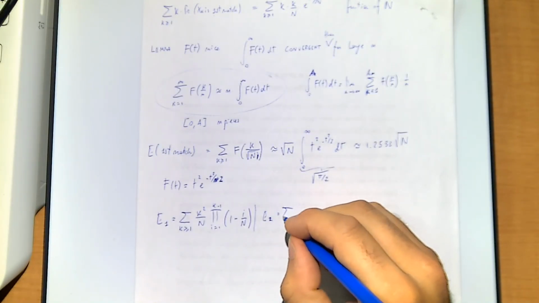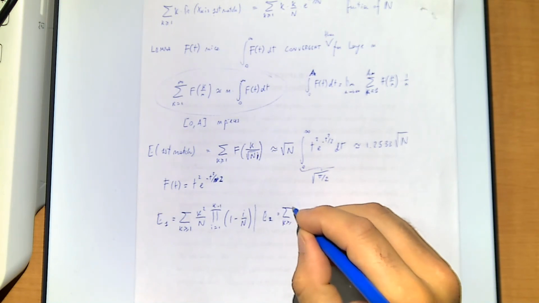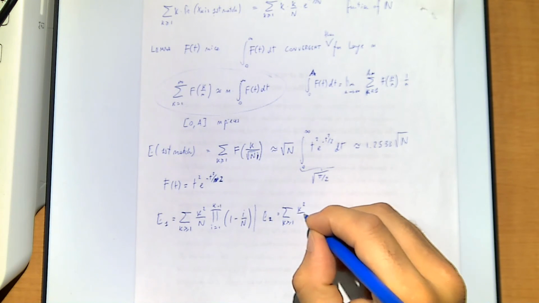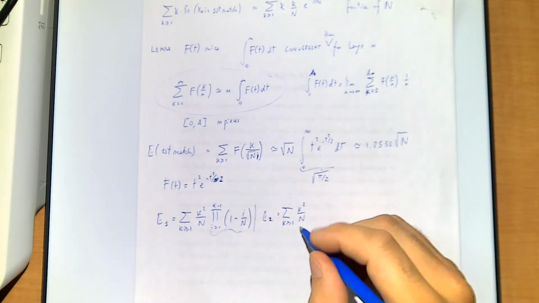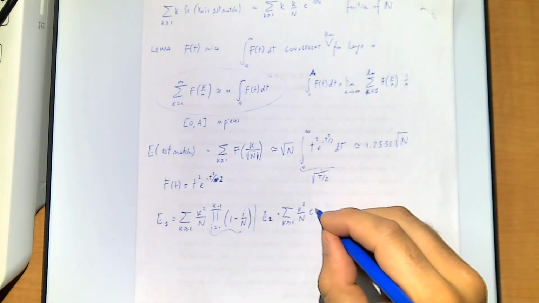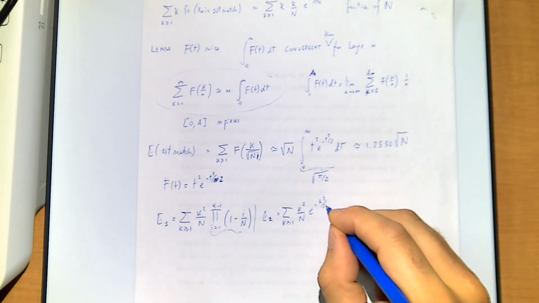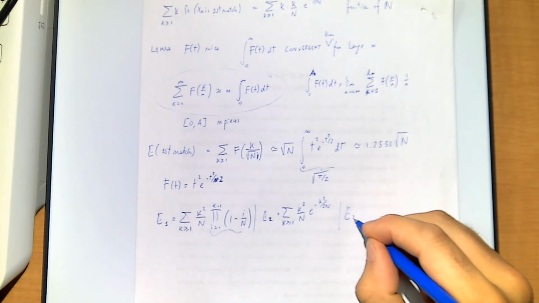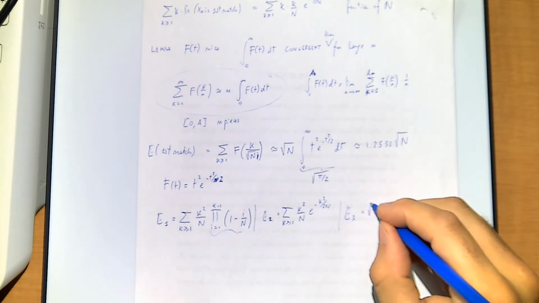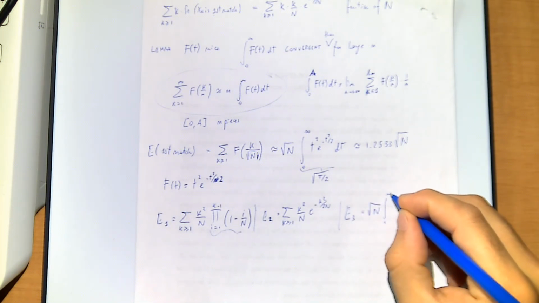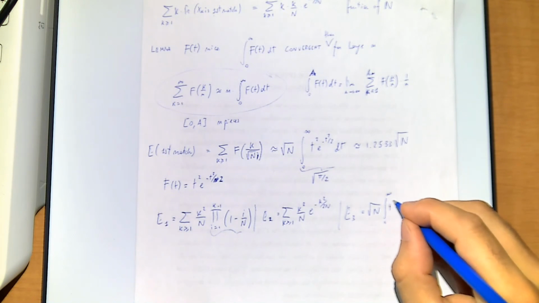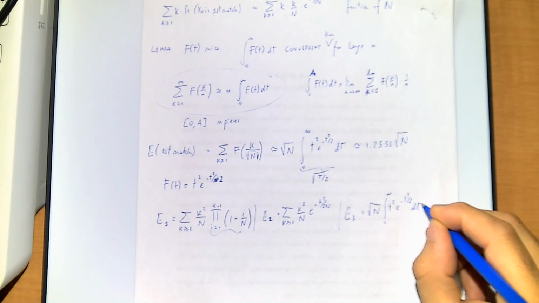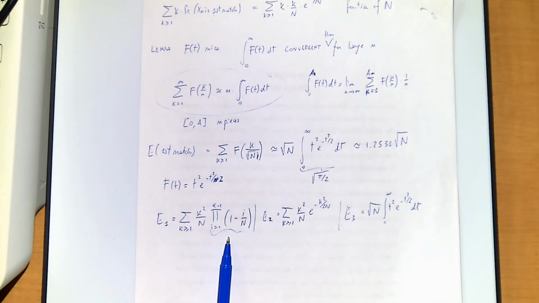So we're just left with the sum of k squared over n, and we approximate this product with the e. Okay. And the third value is the last approximation, which is the square root of n times the integral from 0 to infinity of t squared e to the minus t squared over 2. Okay, so that's what we're trying to calculate.